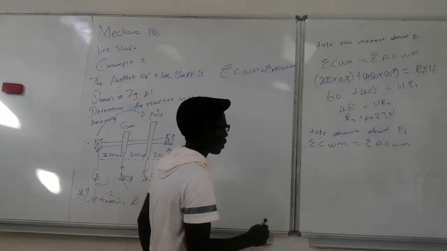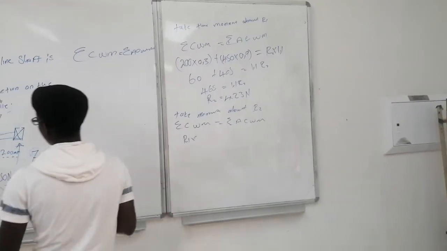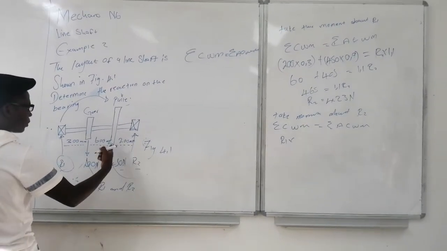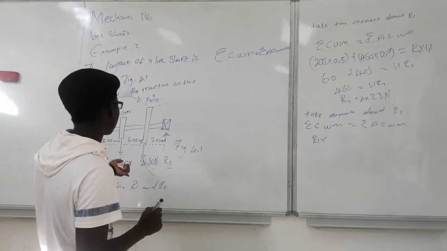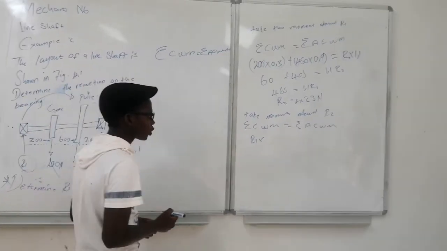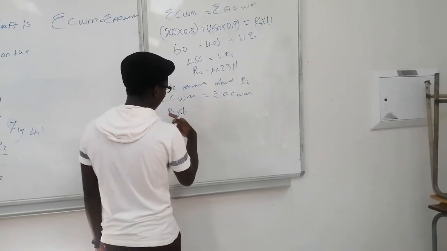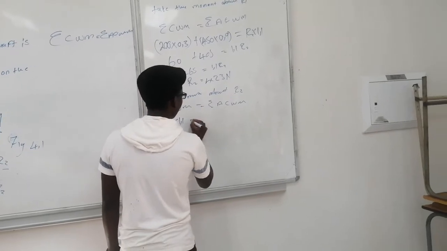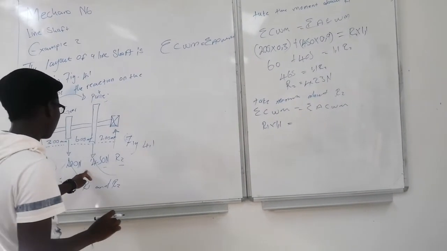Therefore, we say R1 for the clockwise, R1 multiplied by the distance. We add this distance because we are counting from here to here. We say 300 plus 600 plus 200, which is going to be 1100. We convert it to 1.1. Alright. Therefore, this is equal to these two that are moving anti-clockwise.